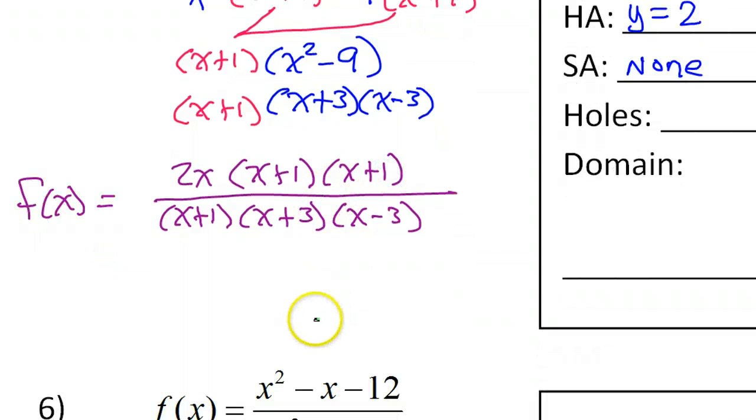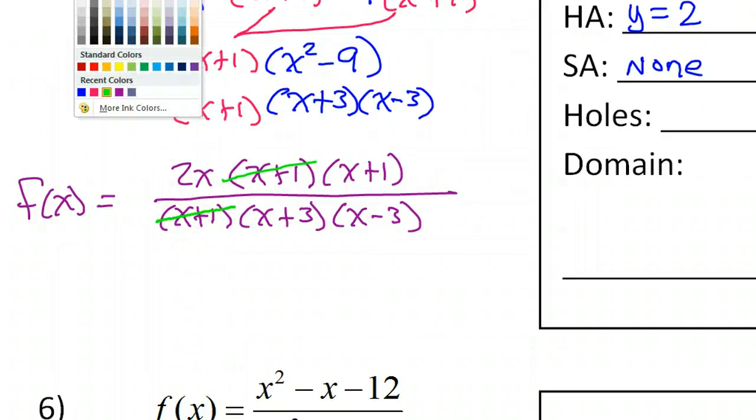Okay, so if anything cancels out, that's going to give me a hole instead of a vertical asymptote. Otherwise, I'd have 3 vertical asymptotes. But something does cancel out. I have an x plus 1 in the top and the bottom. So this x plus 1 will not yield an asymptote. It will instead give me a hole.